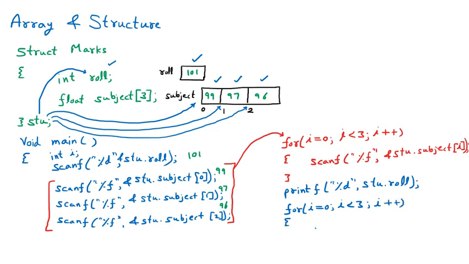Now here we will say printf percentage f. Now we will write stu dot subject I. So the value of I will go from 0 to 2 and all the values will be displayed, and the main bracket will close here.